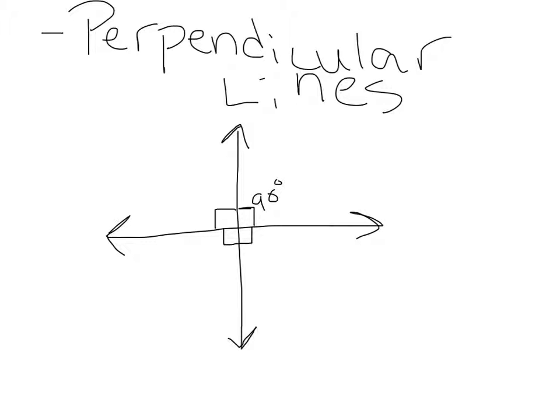We'll find perpendicular lines or perpendicular line segments in shapes like squares or rectangles, and so that's why it's important to know what perpendicular lines are, because they help us describe different shapes. If you think of a rectangle, here's my rectangle.